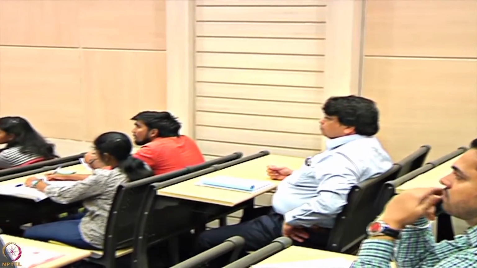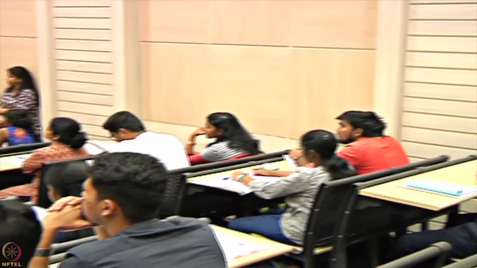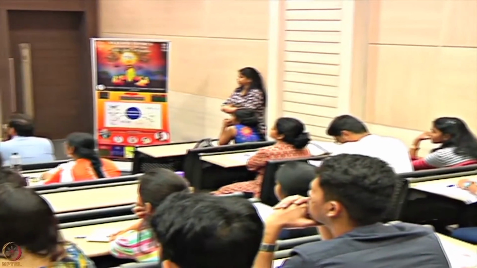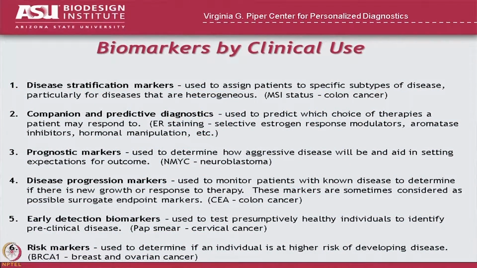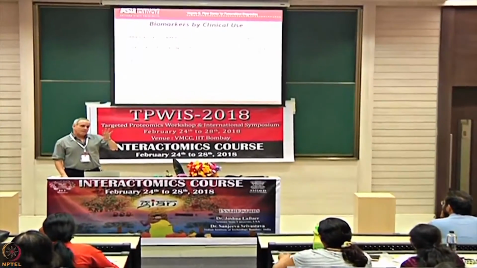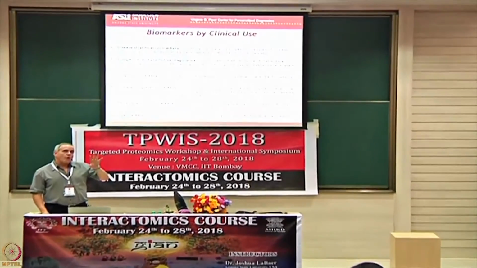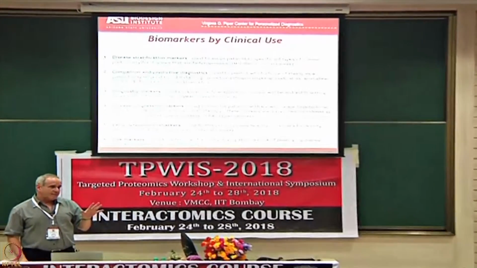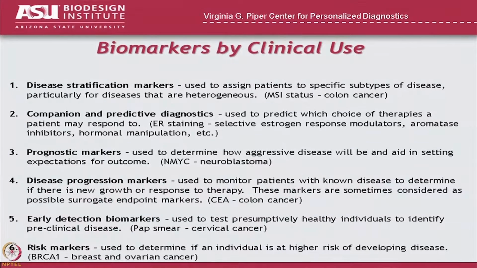One of the applications of biomarkers is what's called disease stratification, and what that means is there are times when you have a particular disease, and you know that the population of individuals who have this disease are not all alike, right? Some of them have one subtype of disease, and others have another subtype. Does anyone know examples of cancers that have different subtypes? Breast cancer is the classic, right?